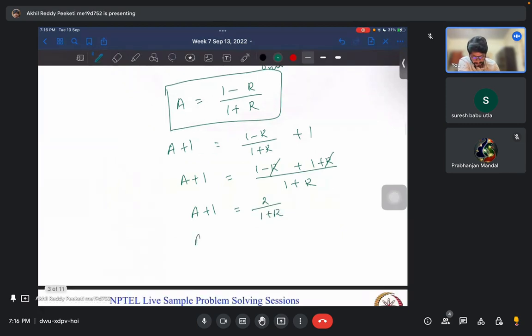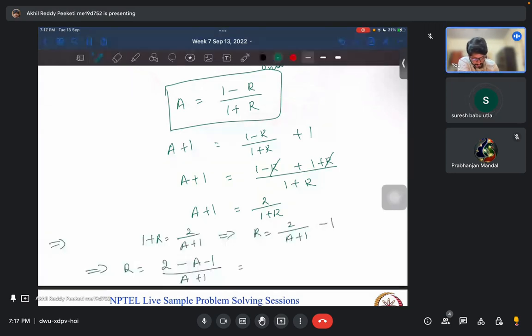Okay, now A plus 1 equals 2 by 1 plus R. We want R in terms of A, right? So let's interchange this. So 1 plus R is equal to 2 by A plus 1. Okay, so now R is equal to 2 by A plus 1 minus 1, and then R is equal to 2 minus A minus 1 by A plus 1.